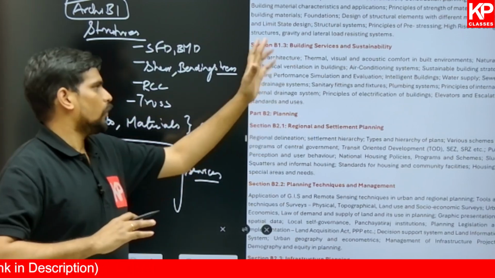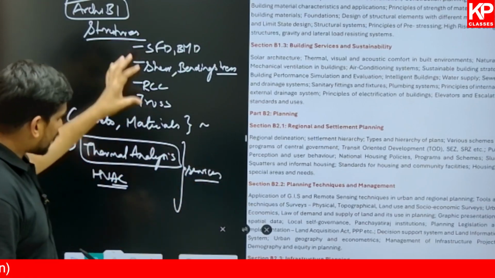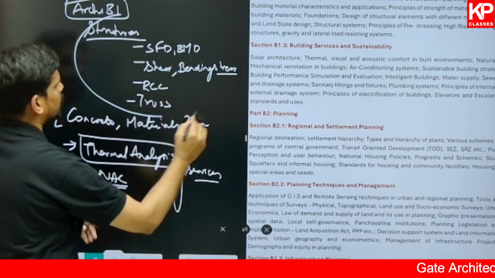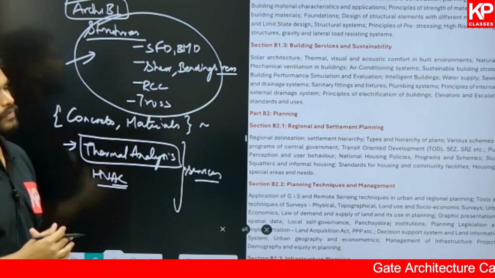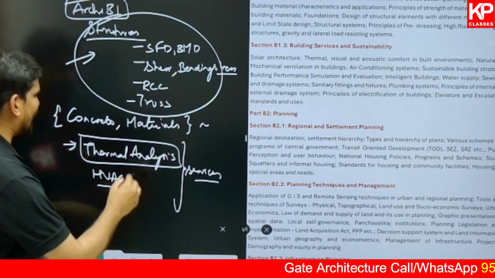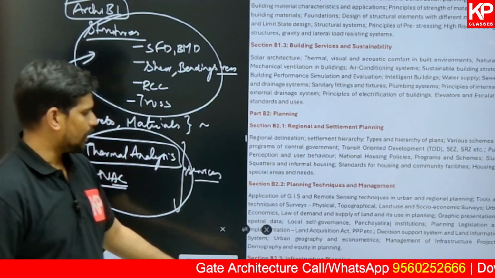Ultimately you will have around 5 to 6 numerical questions in the architecture part, but there are a lot of topics. Of all those, you can be sure that at least one or two numericals will be asked from structures, and one from thermal analysis and HVAC. So a couple of questions from this area. That is a broad understanding.